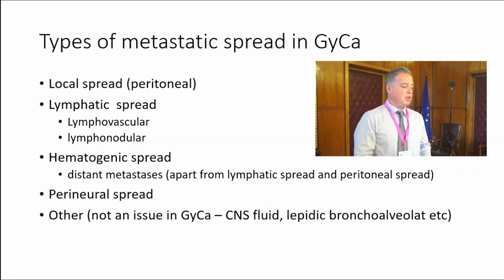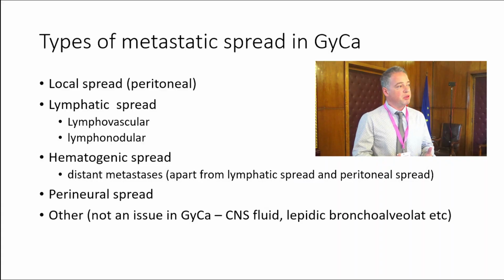When we talk about gynecological cancers and pattern recognition, we have to focus on and know the types of metastatic spread. We know local invasion, lymph node, and distant metastasis, but that's not all. Local spread in the peritoneal cavity is very typical for gynecological cancers.